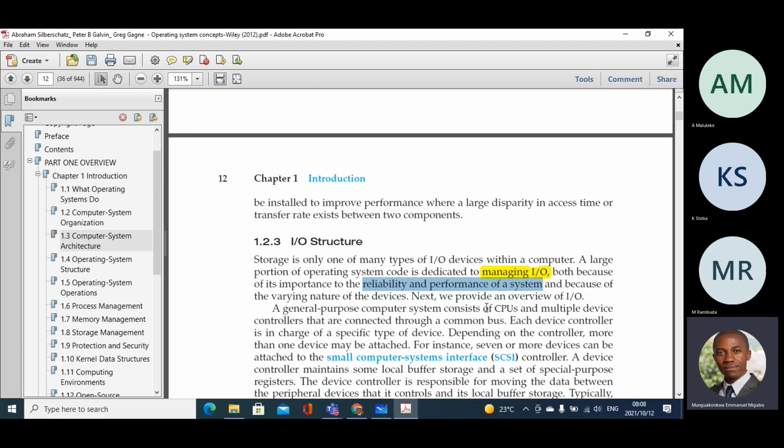Actually, the reliability as well. If you've got a computer system on which you can't acquire data, it's definitely not a reliable system, almost a useless system. So you want the acquisition of data to be reliable. Reliability also means that the data must be correct.